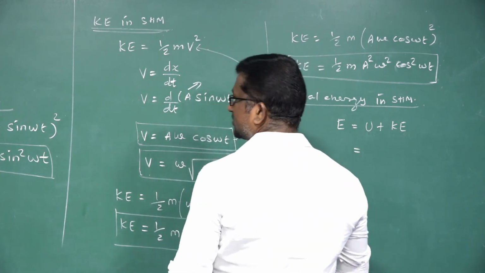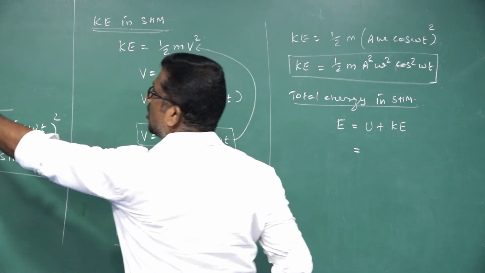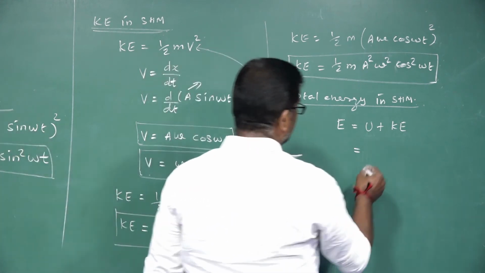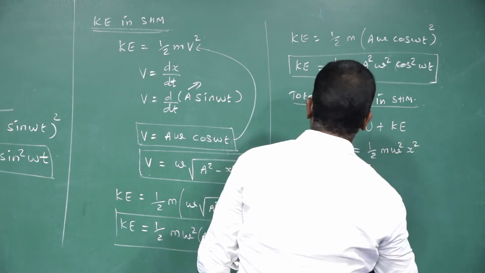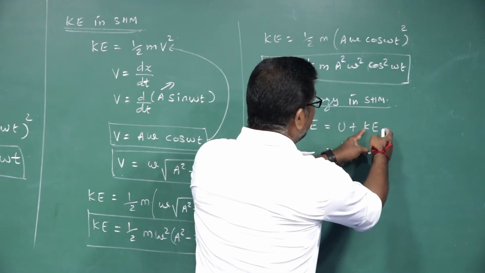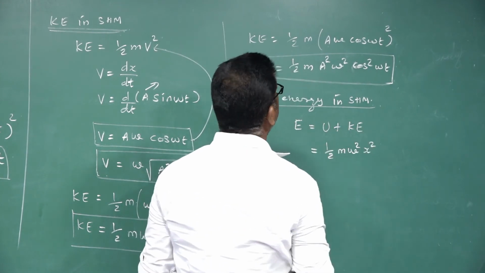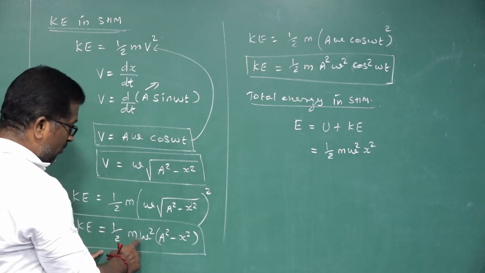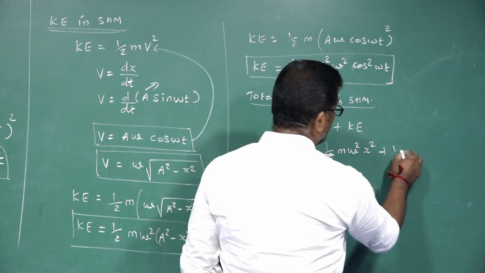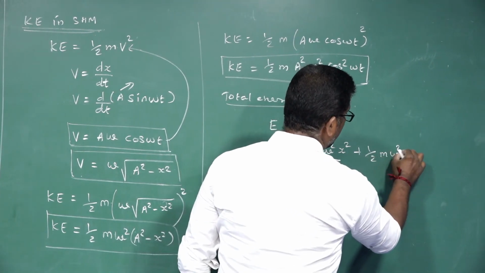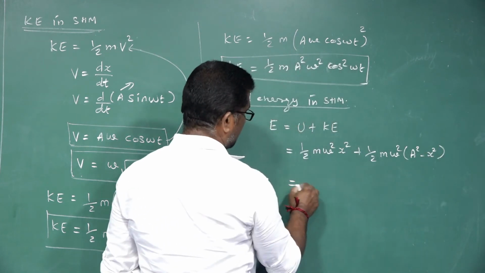Right, the potential energy expression in terms of displacement is half m omega square x square. And the kinetic energy of the particle in terms of displacement is half m omega square into a square minus x square.